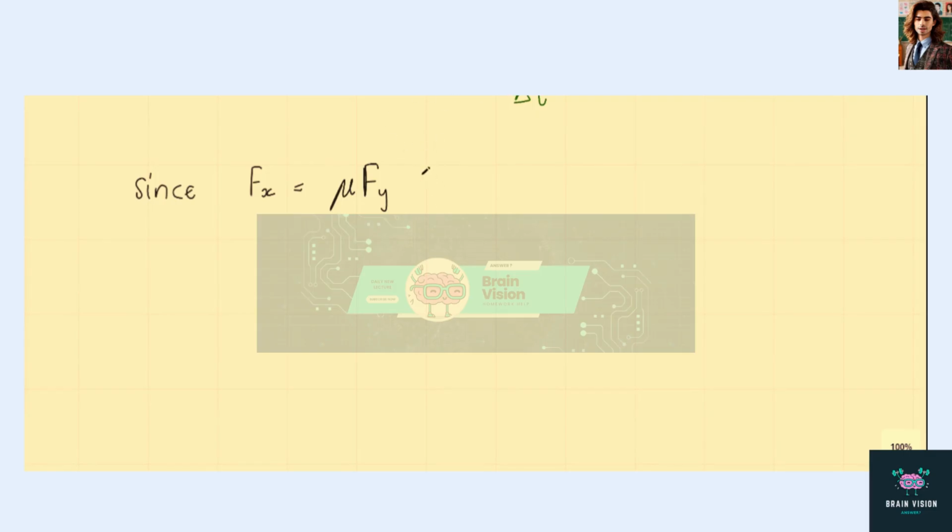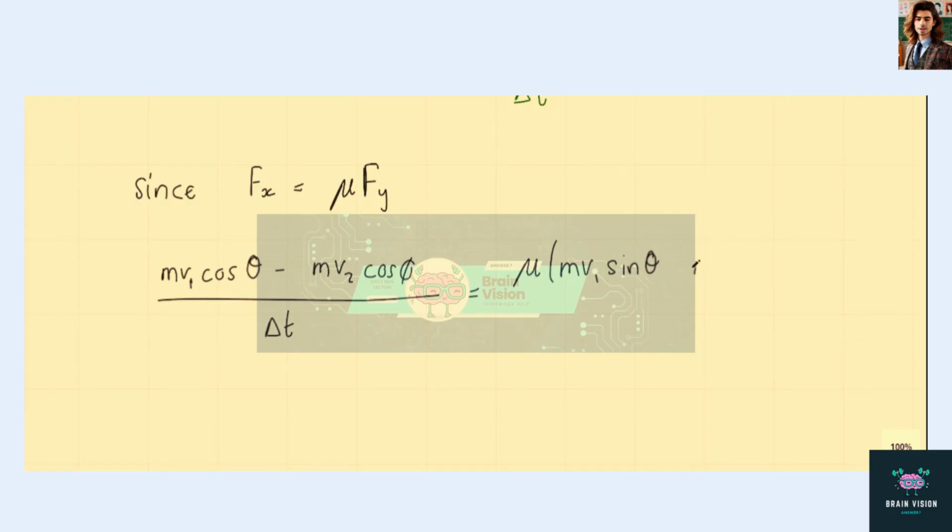And using the two expressions above, we can write Fx as m v1 cos theta minus m v2 cosine phi over delta t must be equal to mu times Fy, which is m v1 sine theta plus m v2 sine phi, again all over delta t.